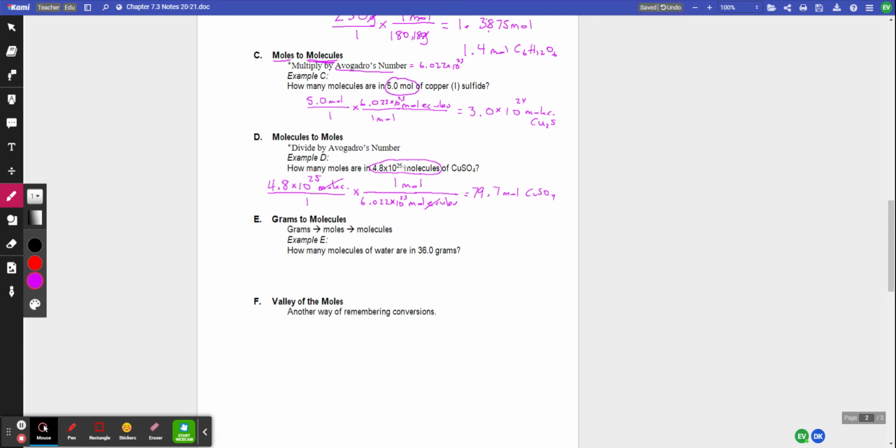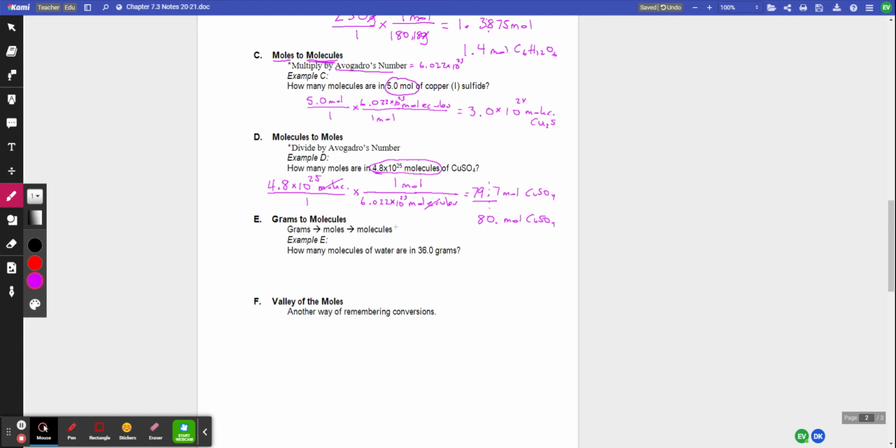And since I started with 2 sig figs, I'm going to need to round my answer to 2 sig figs. The 7 is going to round up. 80 only has 1 sig fig. So to fix that problem and show that there are 2 significant figures, I'm going to put a decimal with nothing after. That's how many moles of CuSO4 we have.